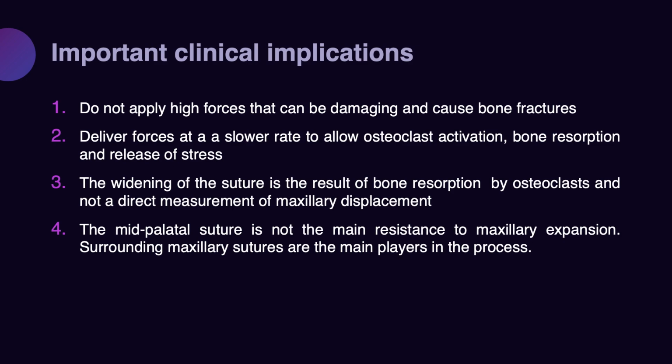Third, if you are looking at the widening of the suture, that's not because the maxilla has been displaced. It's because the osteoclasts have opened the sutures. So that should not be considered a sign of the magnitude of displacement of the maxilla, but rather lower bone density due to the osteoclast activation. That's what provided space in the direction of the movement.